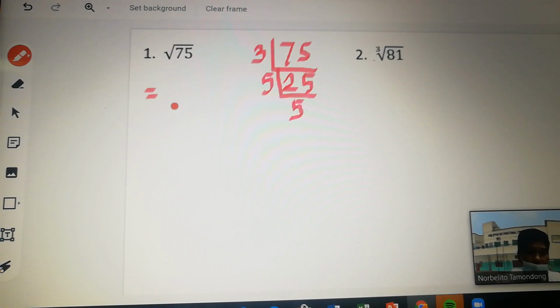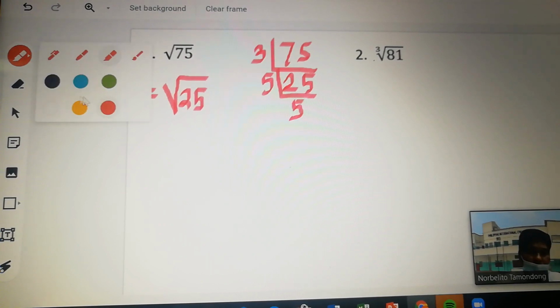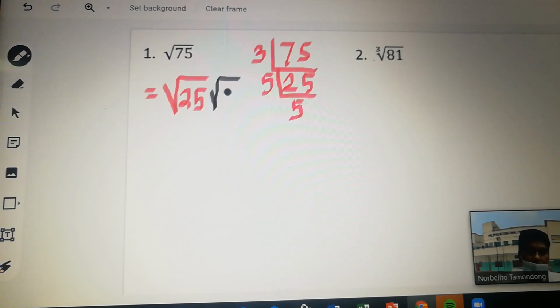Okay? So therefore, square root of 25 times square root of 3. So since you already know what is the perfect square factor of 75, that is 25, then just simplify square root of 25.